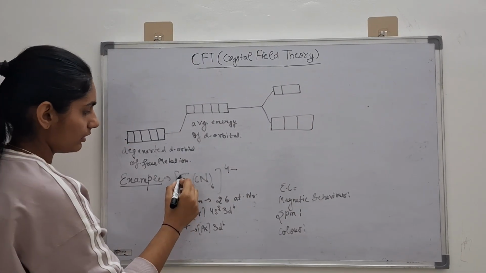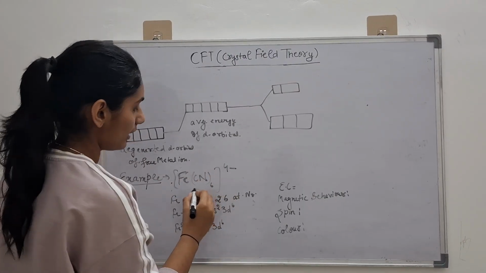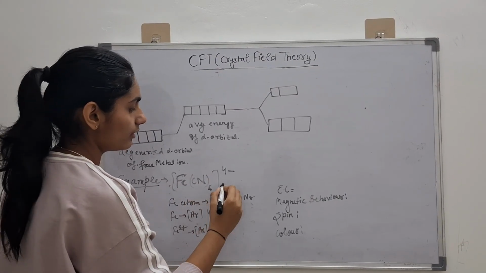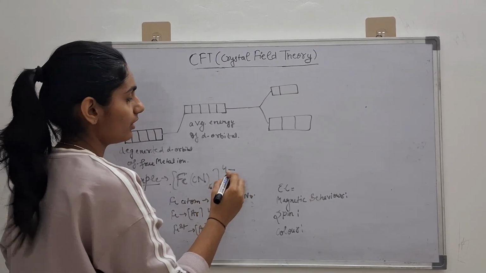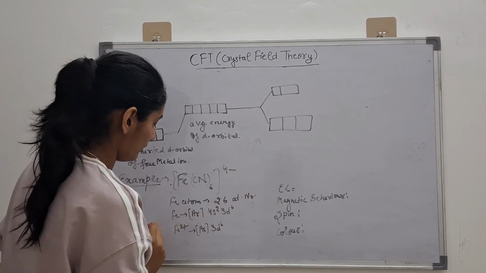The complex is [Fe(CN)6] 4 negative, and as there are 6 ligands, it's an octahedral complex, and this will be the splitting diagram of octahedral complexes.